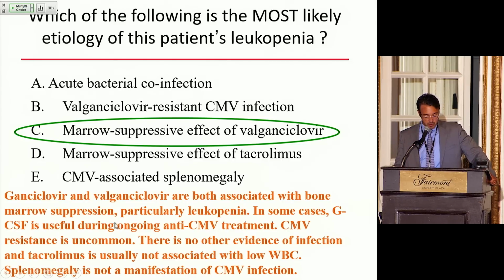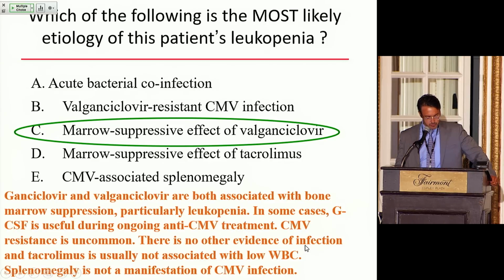In any case like this, the first thing you want to do is give GCSF to boost up the neutrophil count and prevent them from developing infections. CMV resistance is very uncommon, less than 10% of cases, and not that early. The patient had less fever and other signs that suggest the valganciclovir was working.